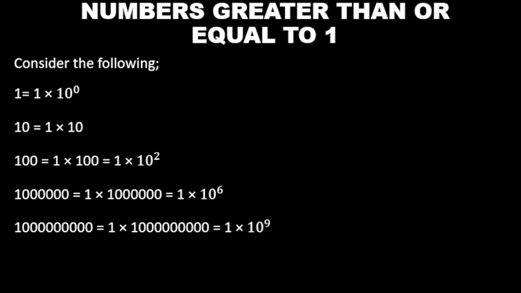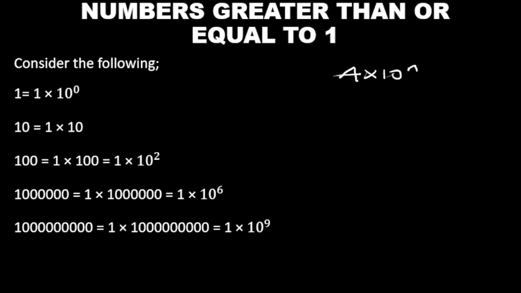Consider the following. How do we express 1 in standard form? Remember, in indices, anything raised to the power of 0 is equal to 1, isn't it? I told you earlier that when you are expressing numbers in standard form, it must be expressed as a times 10 raised to the power of n, where a takes a number between 1 and 10.